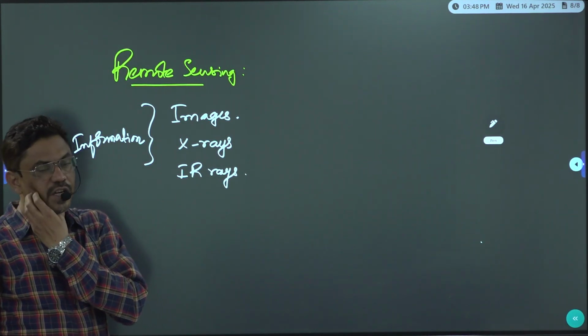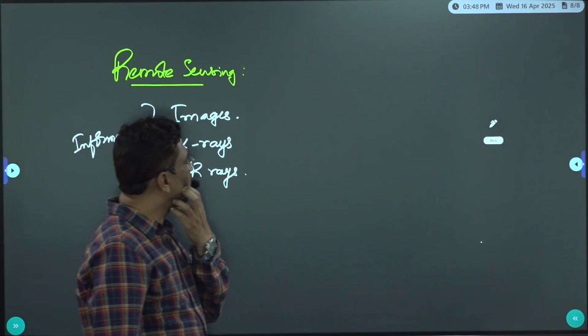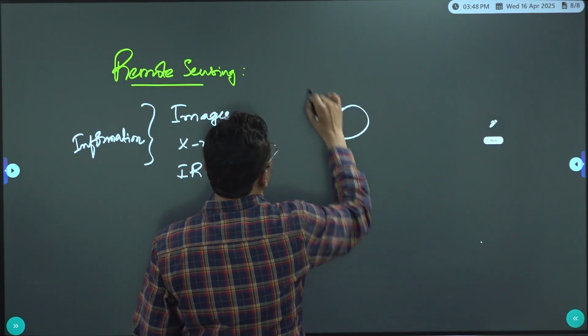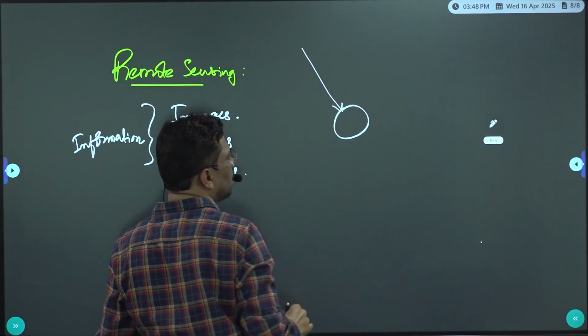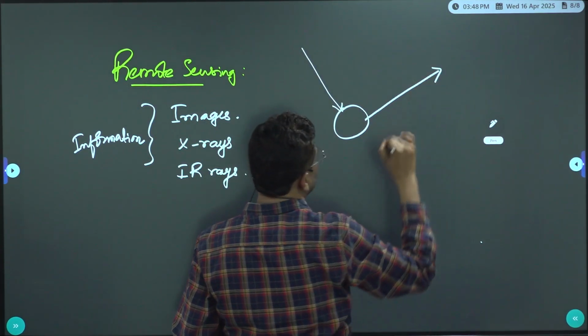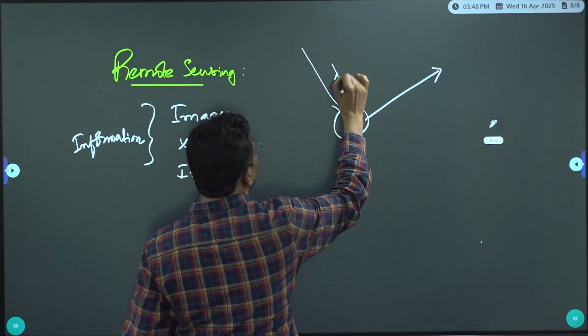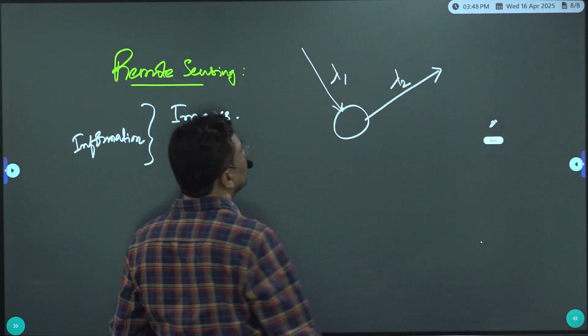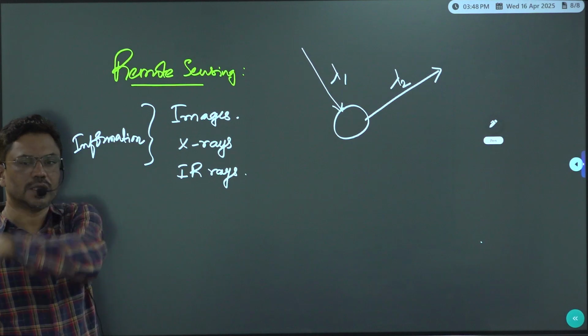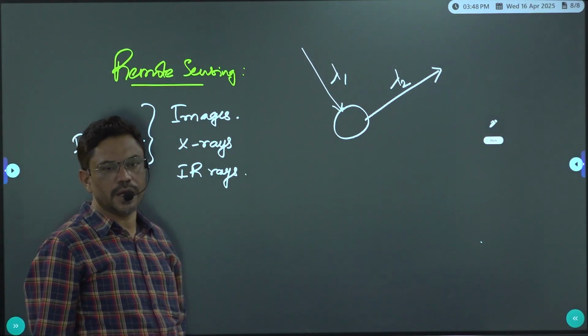So when a ray is incident on an object, it will be reflected back. The difference between the wavelength of the incident ray and the reflected ray will be calculated to assess the presence of the object. That is called the remote sensing phenomenon.